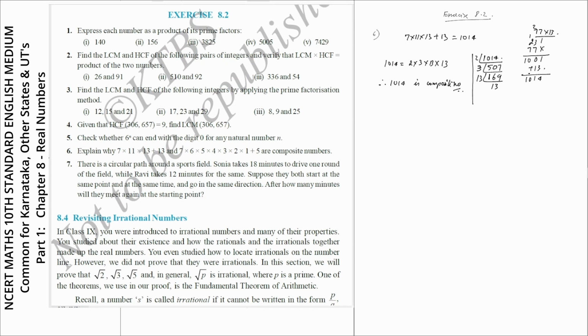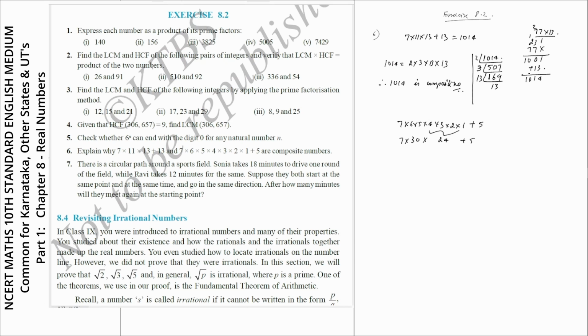Okay. Now the second one is 7 into 6 into 5 into 4 into 3 into 2 into 1 plus 5. So here 1 2 is 2, 2 3s are 6, 6 4s are 24. So from here to here I'll get 24. So 24 into, then 6 5s are 30. This is 30. This is 7 plus 5.